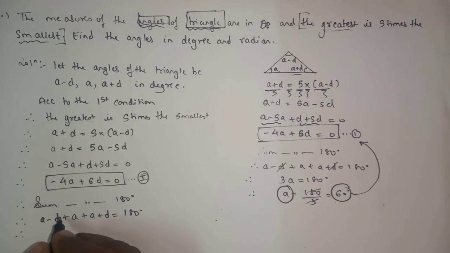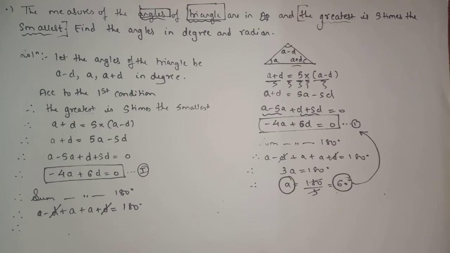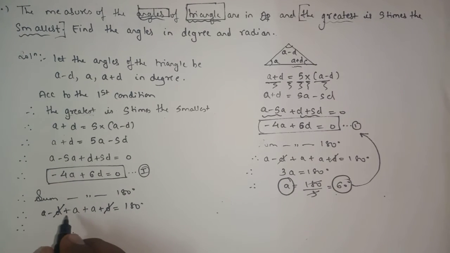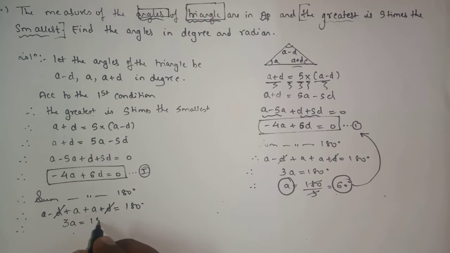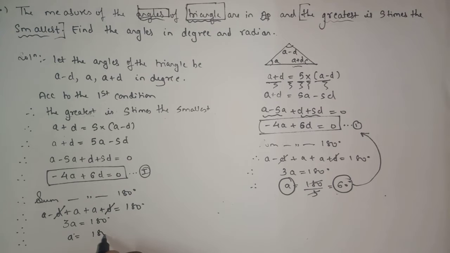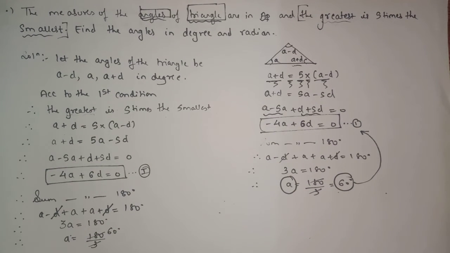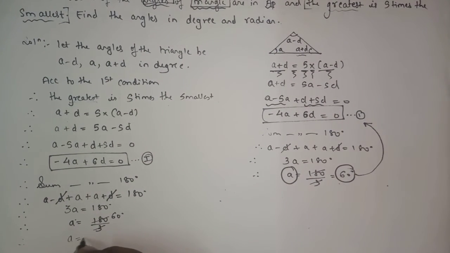So here clearly we can see that we have D with opposite symbol, so D will get cancelled. So A plus A plus A, you will get 3A equals to 180. So therefore A will be equals to what? 180 upon 3. So here you will get 60 degree. So here we got A as 60 degree.